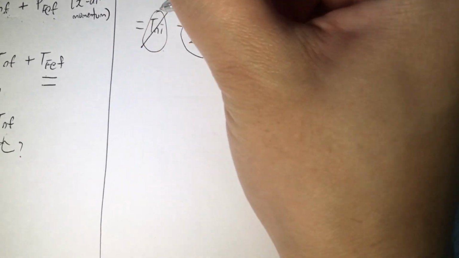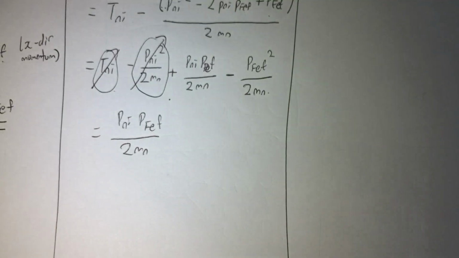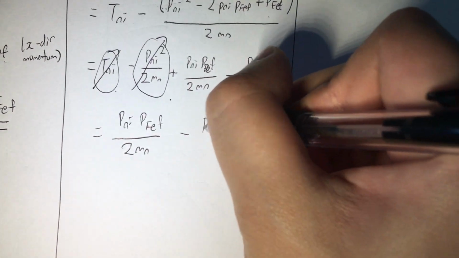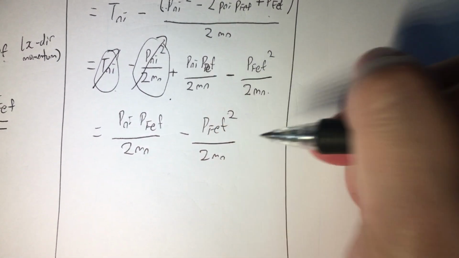You can see that these terms cancel out. So we are left with P_ni P_Fef over mn minus P_Fef squared over 2mn.